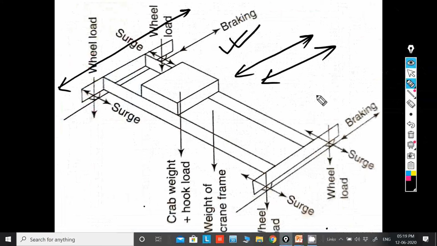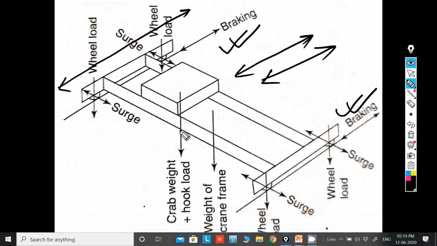There will be a braking load, and this braking load will be parallel to the gantry girder. So the surge load is parallel to the crane, and the braking load is parallel to the gantry girder.